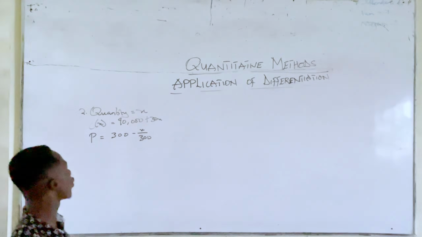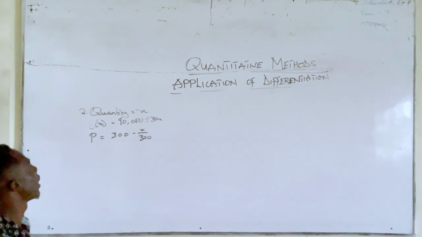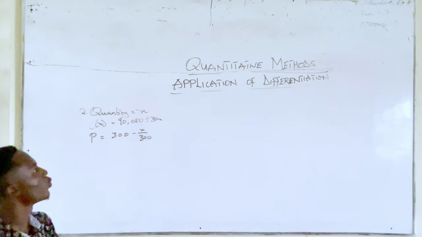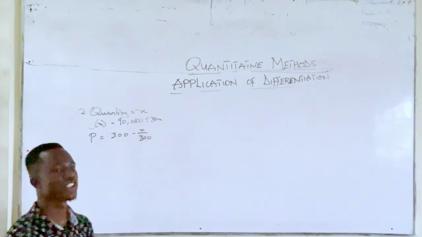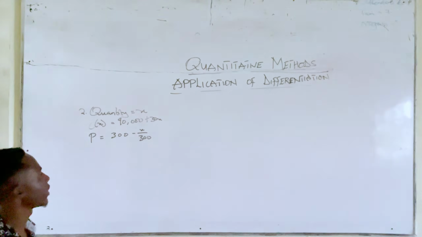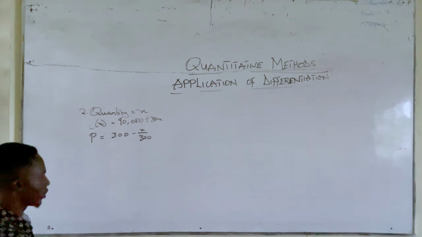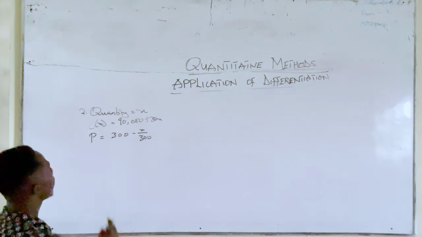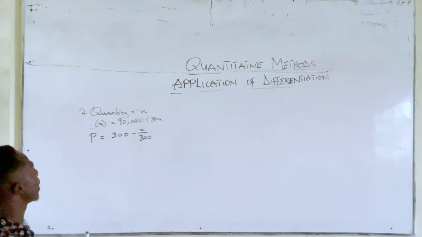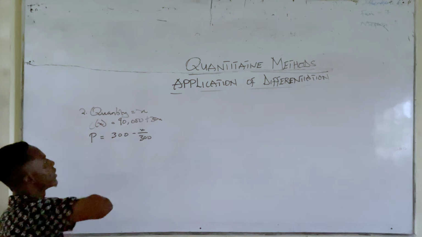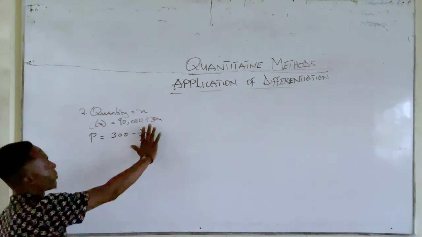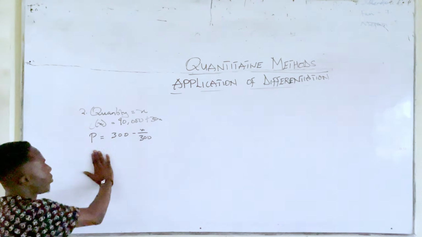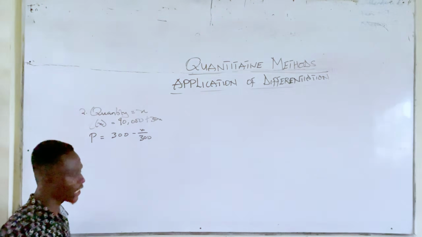Okay, so now let's solve the second question, and we draw the curtain for differentiation. So this is the last question, and I'll give you one to try, then you provide the answer at the comment section. Okay, so from the question, these are the parameters. The quantity is x, the cost is 90,000 plus 30x, and the price function is 300 minus x over 300.